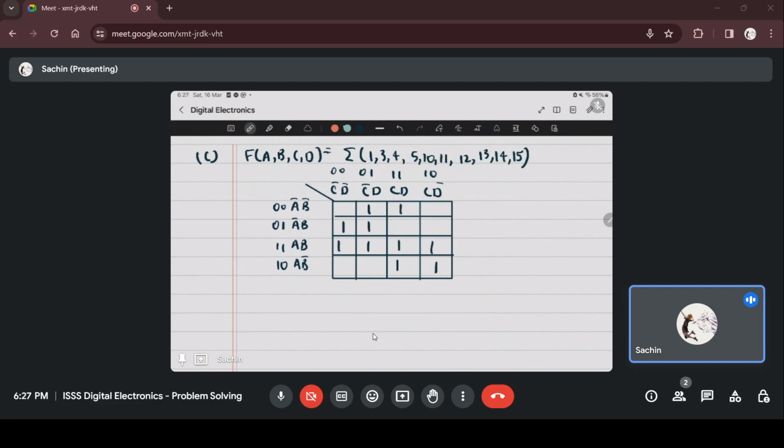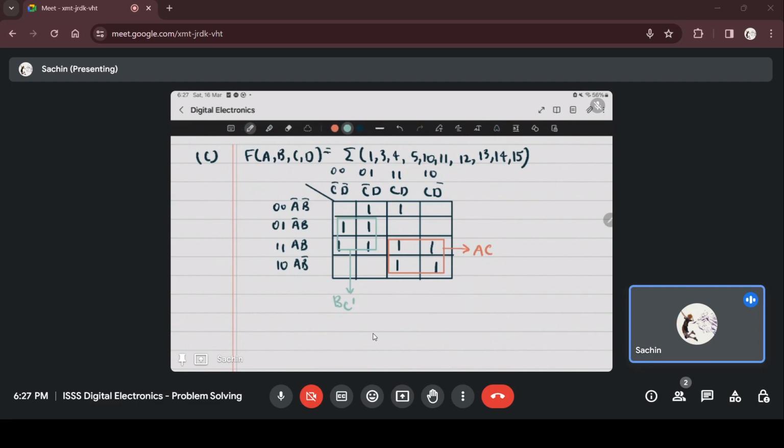Out of these, the essential prime implicants are that group, which is AC, and that quad, which is BC prime. Those are the essential prime implicants, and the remaining ones can be covered in multiple ways.